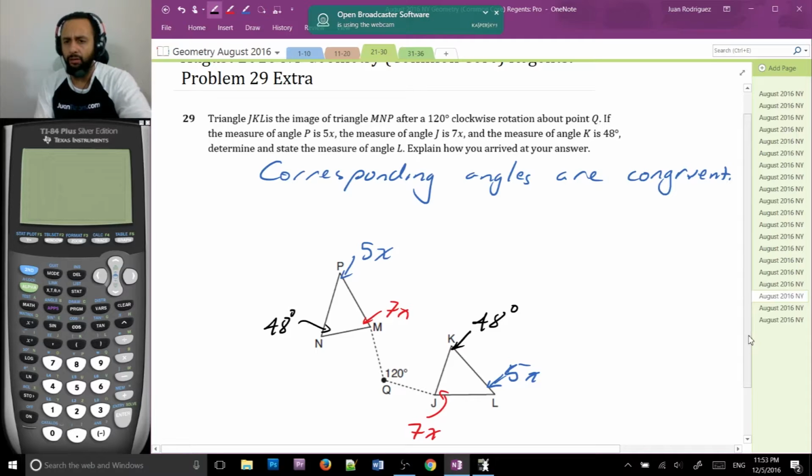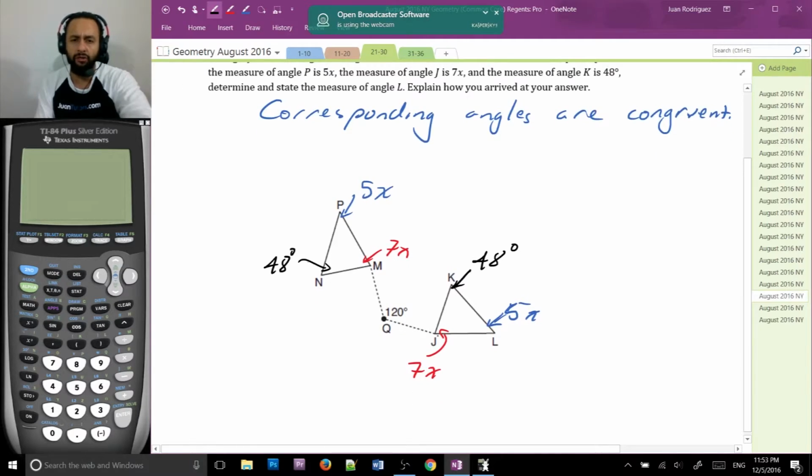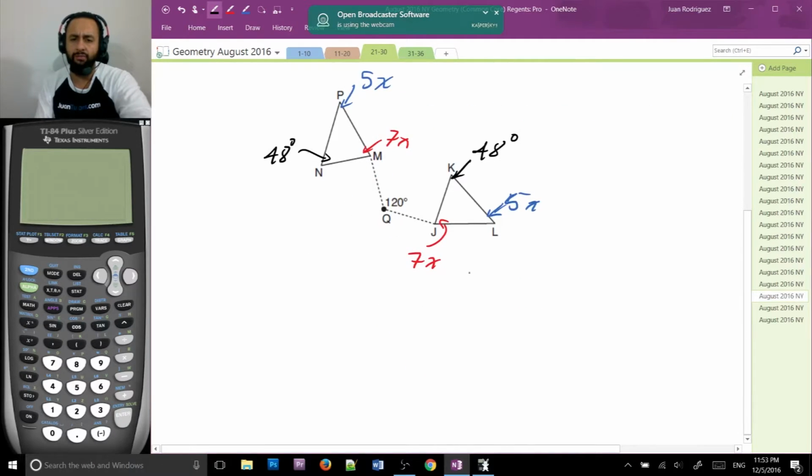And then we could use either triangle JKL or triangle MNP, and we can write the sum of angles formula. So the measure of angle J plus the measure of angle K plus the measure of angle L is equal to 180.